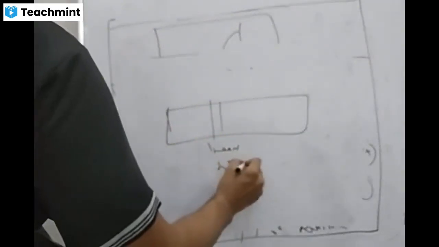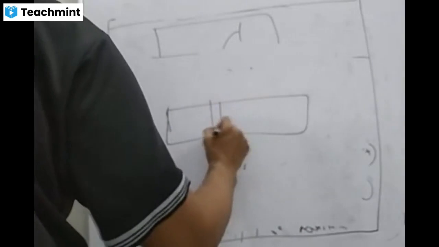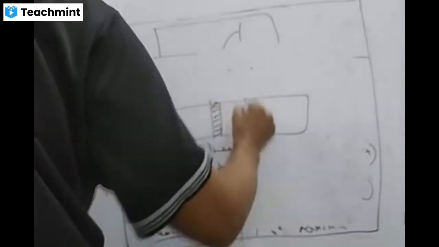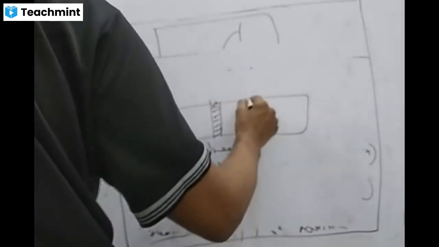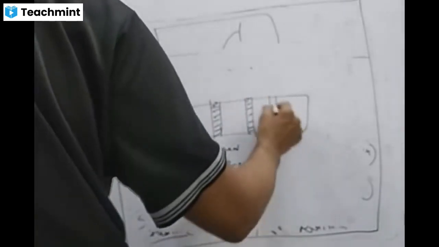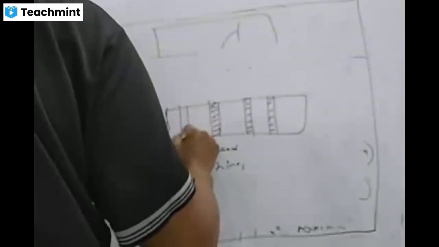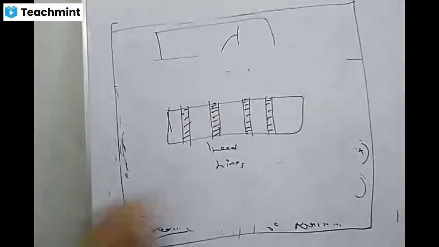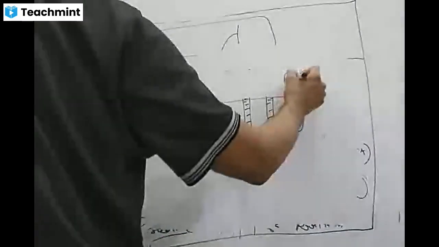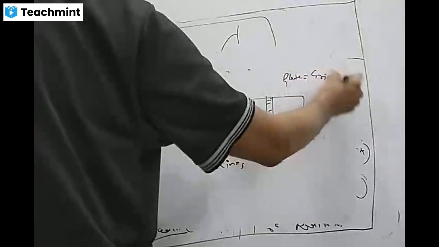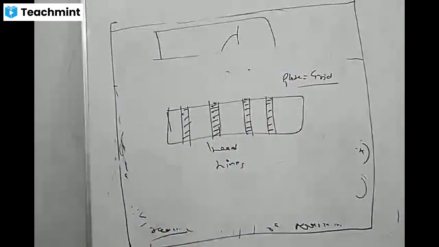lead lines. We use lead material to absorb the X-rays. So if I make this plate, this plate is called your grid. What is present in this plate?